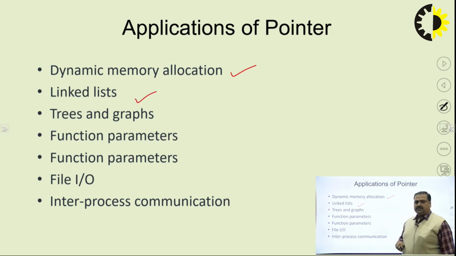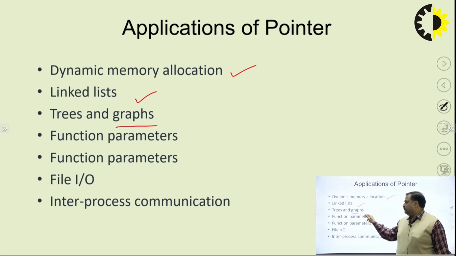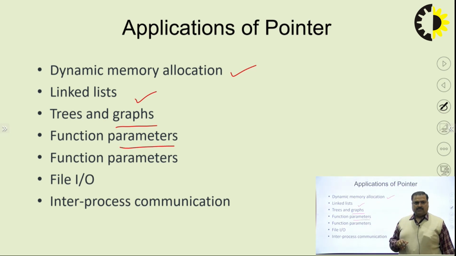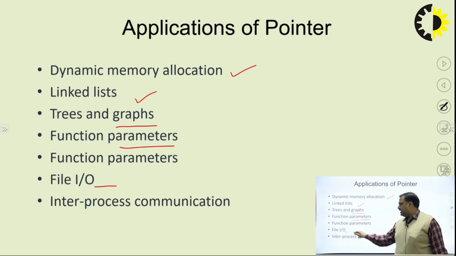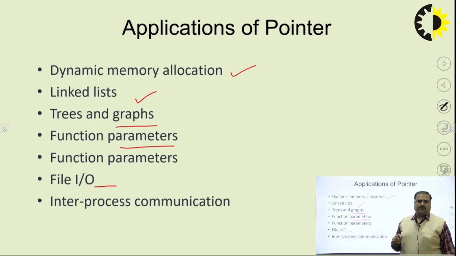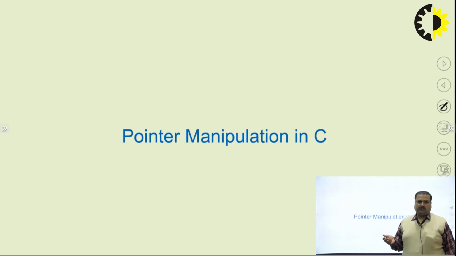We use pointers in the case of a linked list, because a linked list always has a self-referential pointer which is referring to the next node. We use pointers in tree and graph data structures. We can have pointers as function parameters. We can have pointers for file input output, and for IPC, inter-process communication, we can use pointers also.